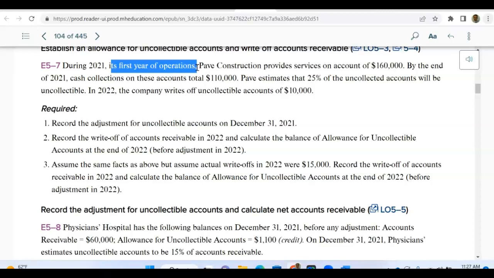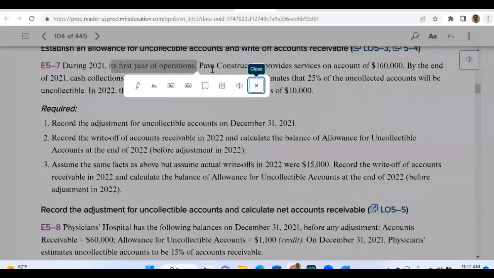Allowance for doubtful account has no balance, zero balance, because it's a brand new company. Keep that in mind. So draw a T account, call it allowance for doubtful account, and the balance is zero on the credit side.